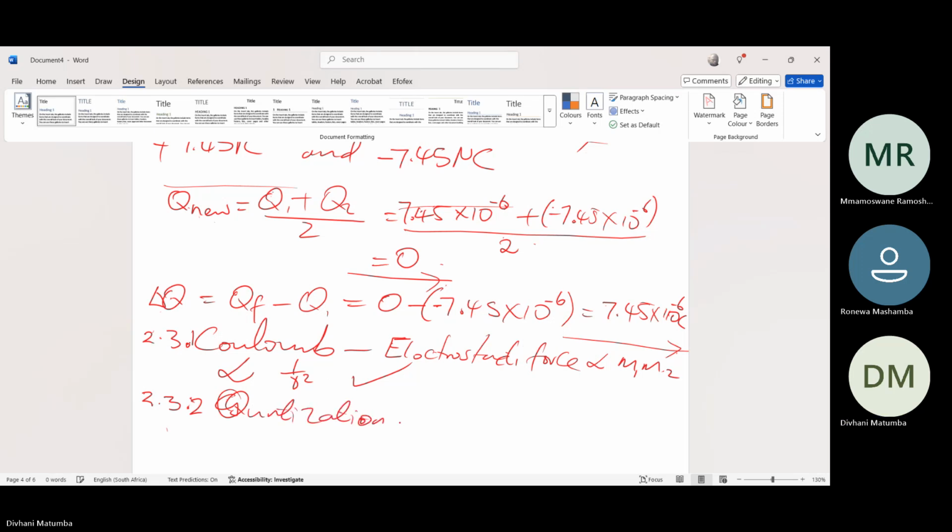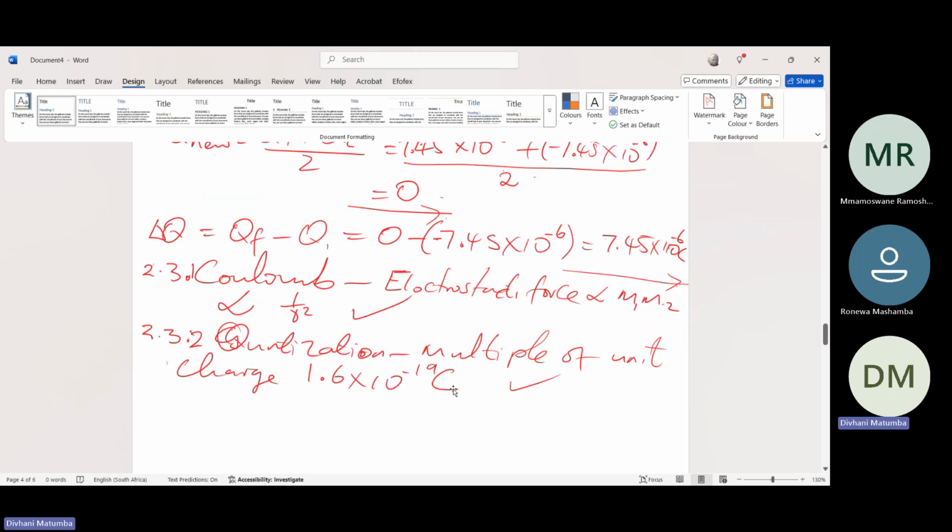Quantization talks about the multiples of a unit charge, which is 1.6 times 10 to the power of minus 19. You can write it in whatever way. There are so many ways to explain quantization, so I'm not going to dwell much on it.